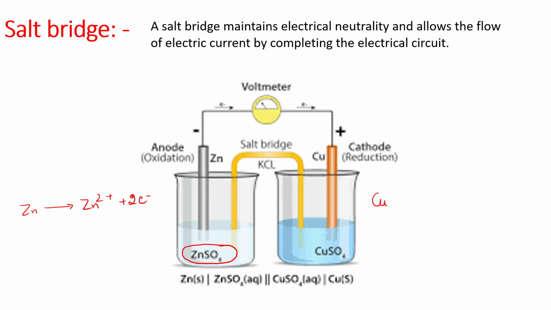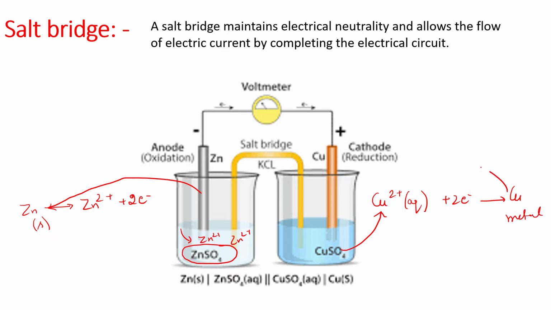On the other hand, copper sulfate from the solution in aqueous form will gain 2 electrons and form copper metal. So here the metal will be deposited on the cathode, while the anode electrode will undergo oxidation.